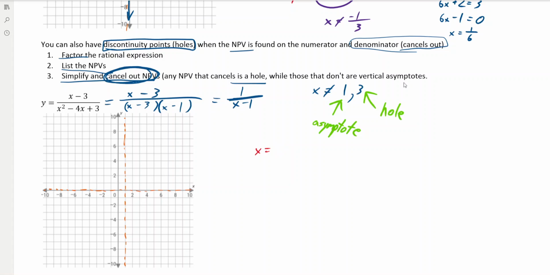Okay, well, let's try x equals 0. Let's see what happens if we do that. So negative 3 over negative 3 times negative 1. So that would be 2 negatives, 3 negatives, so it's negative 1. Ah, perfect. So it's going to look something like this.